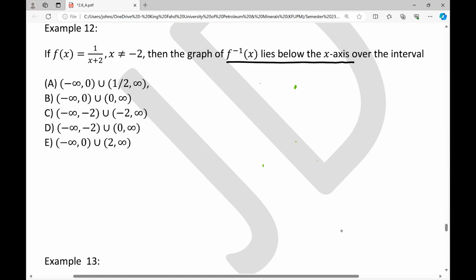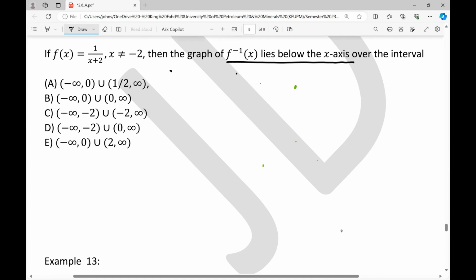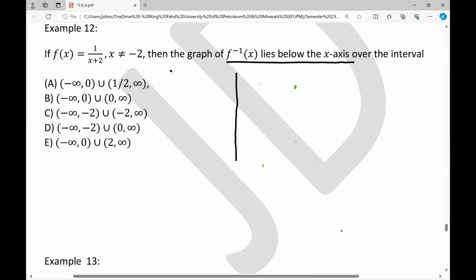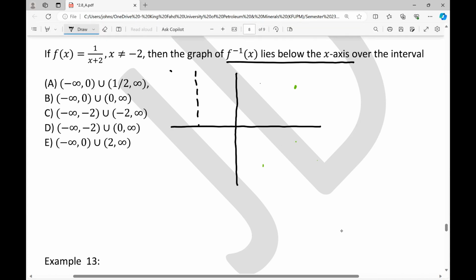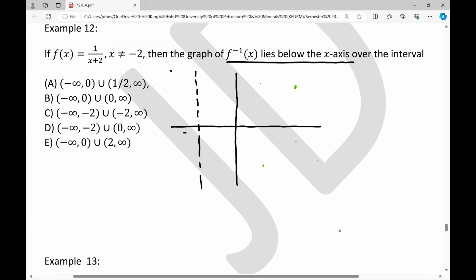So if you want to graph this function, let's say this is f of x. Our f of x is nothing but this one. This is a function that has a vertical asymptote at -2. So it's just going to be something like this. The horizontal asymptote is still 0.